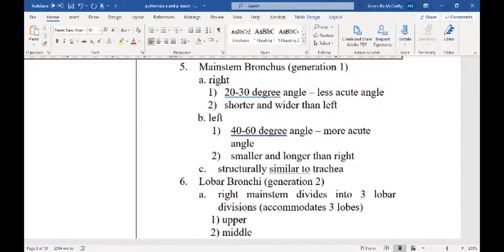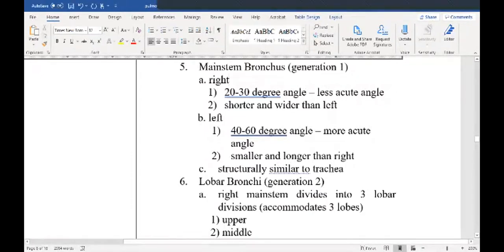And like I said, you don't have to remember all the generations. I just want you to know you started with the trachea, then you went down to the right and left main stem bronchus. Now we're going down to the next structure when it bifurcates again, the lobar bronchi. We call these lobar bronchi because these are the bronchi that go into the respective lobes of the lungs.